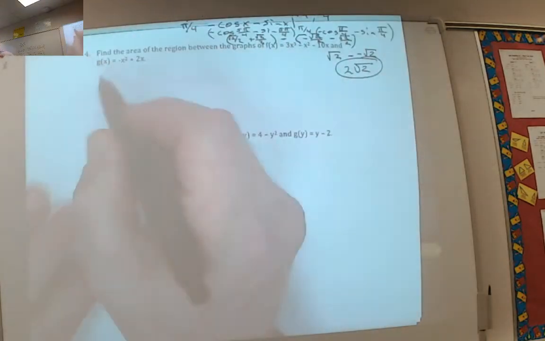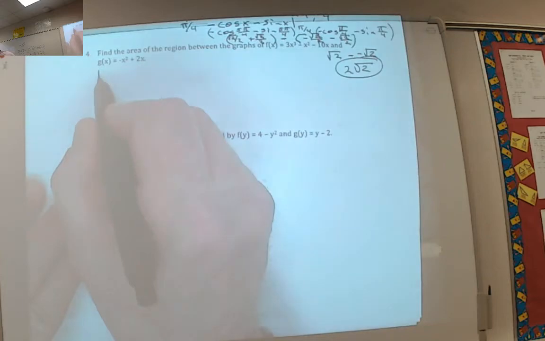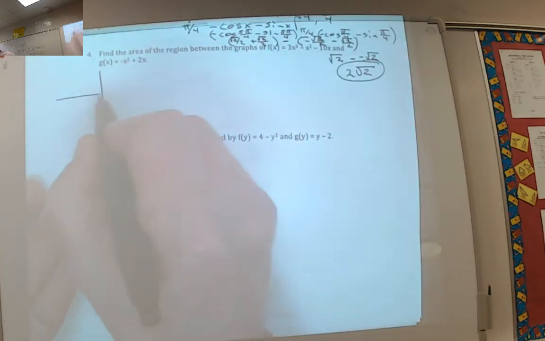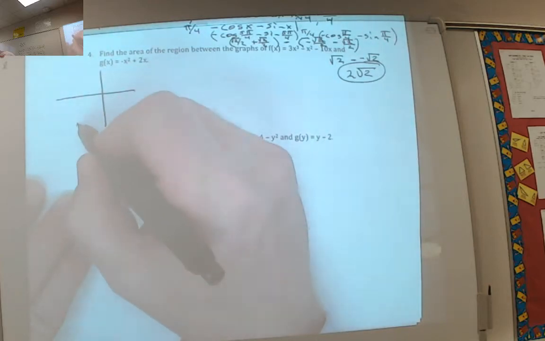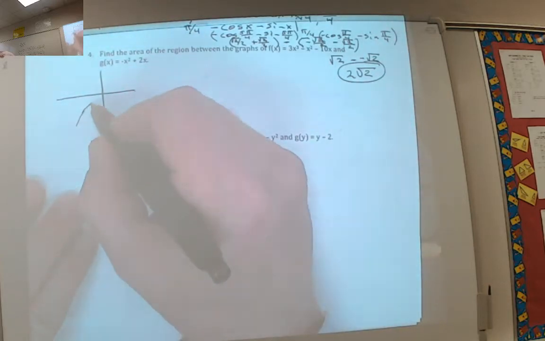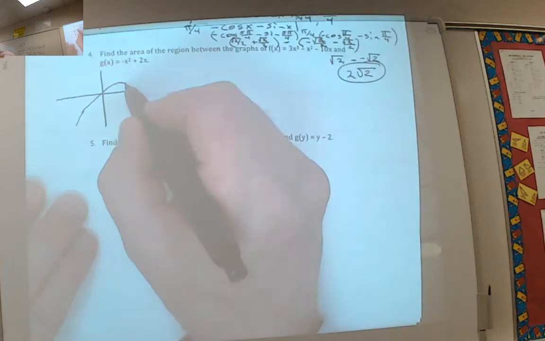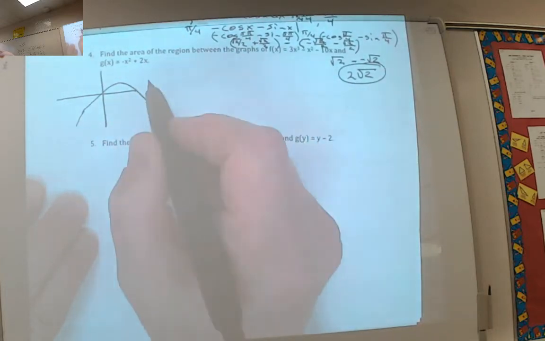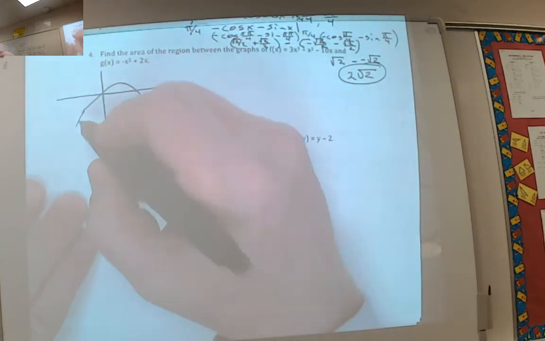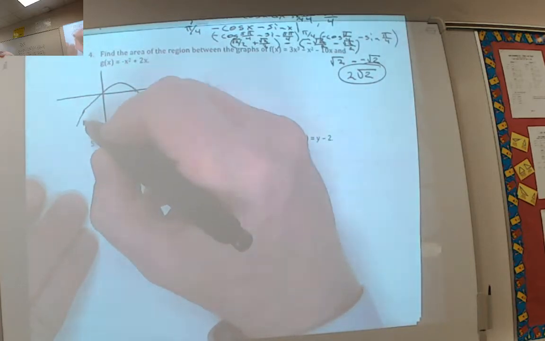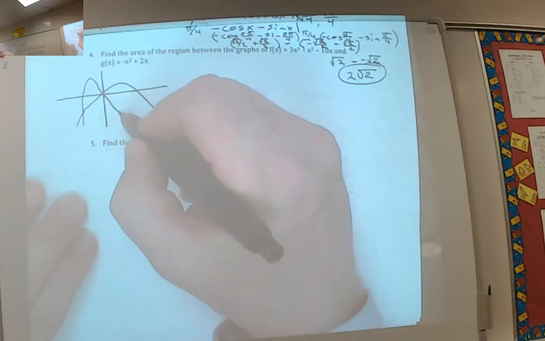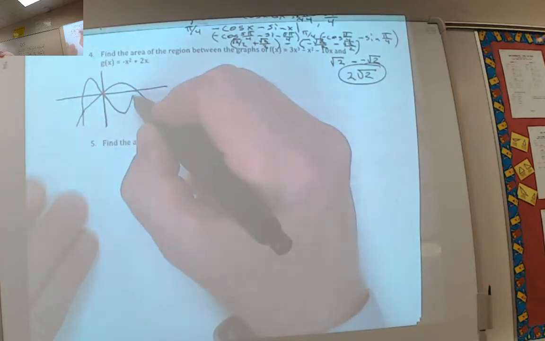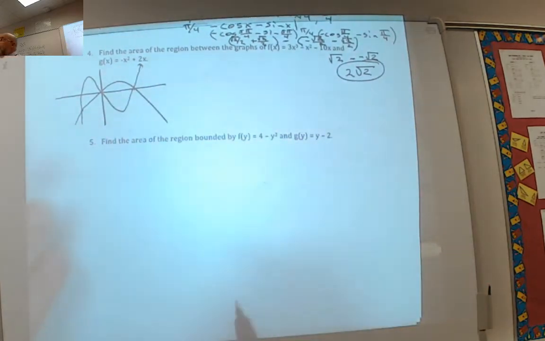So you should have got something that looks like this. Something like that. It's poorly drawn, but it gives you an idea.